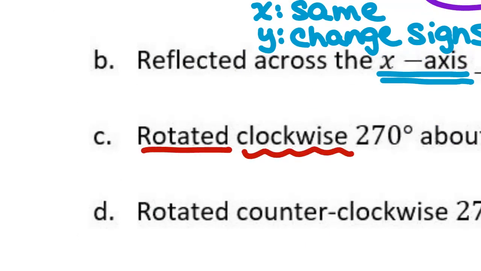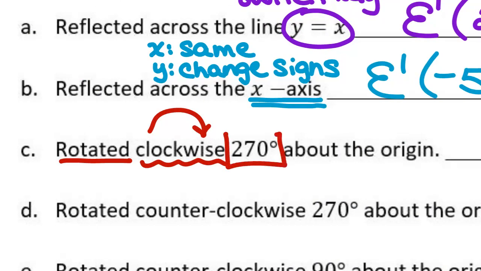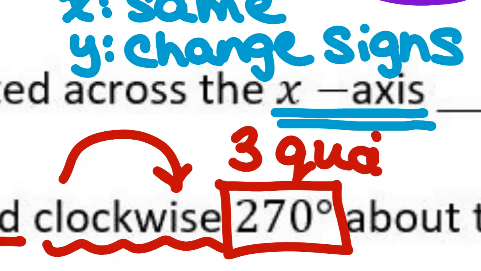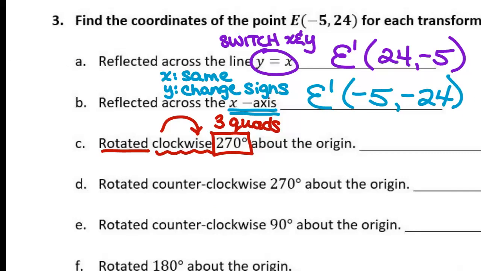Rotating clockwise, this way is clockwise, 270 degrees. That is 3 quadrants. If you struggle with clockwise and counterclockwise, or if you just want to make sure you're doing it right since it's the test, you can always look up here at this clock right above the door.